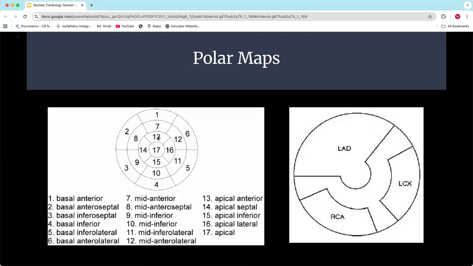If you come down to 13, you'll notice that's apical anterior, and then 7 is mid anterior. That's how these are named, and this is what you're going to see on a report or when a doctor is talking about where the defect is. They'll say he has a basal inferior defect or a defect in the basal inferior lateral wall. They'll use these terms, and that's what they mean, the areas of the heart based on this polar map, okay?